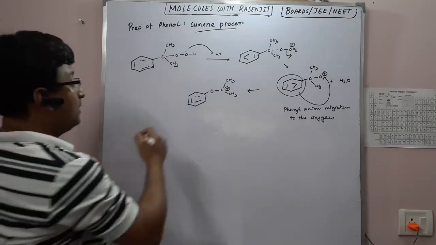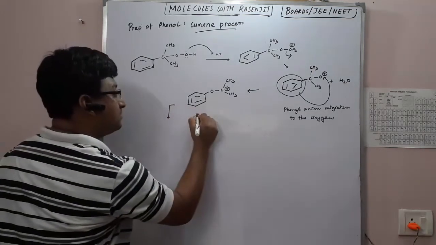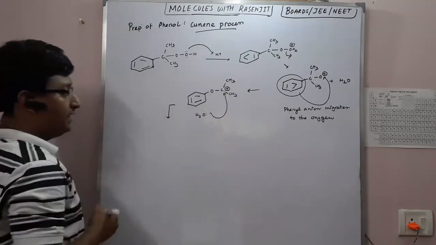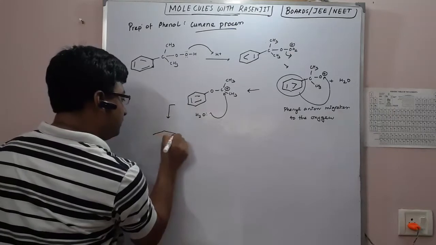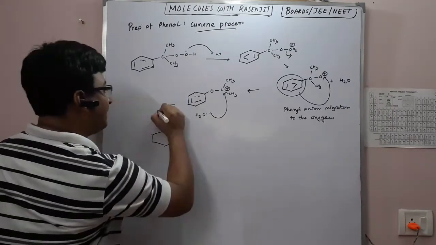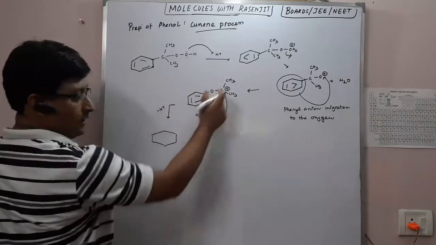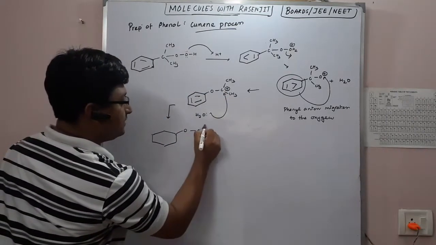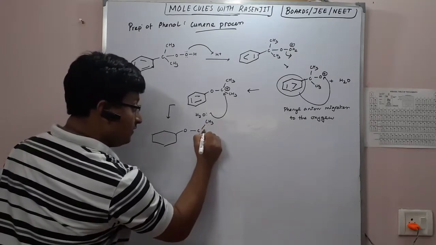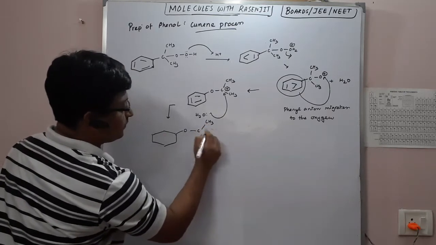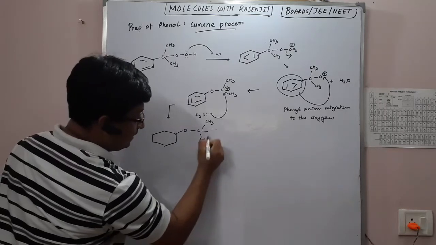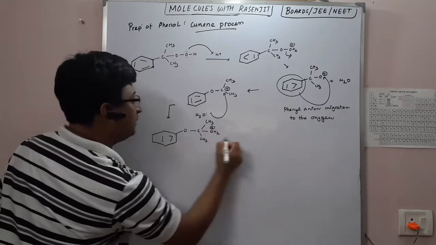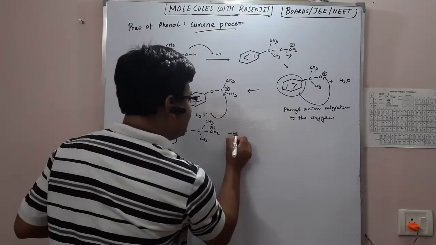Now what will happen? In presence of a water molecule, this water molecule attacks here, right? And since it is acid catalyzed, you will get your H plus back from here. So let's do that here: oxygen, C, CH3, O, CH3, OH2 plus. Now, acid catalyzed reaction, you will get an H plus back.